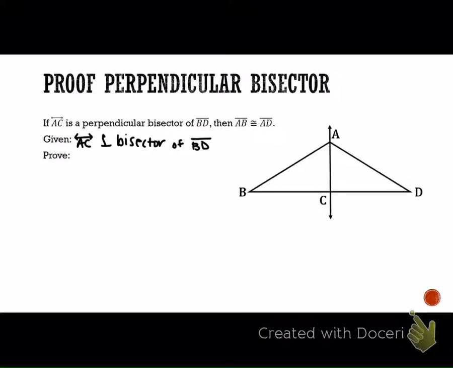Greg, what am I trying to prove? AB equals AD. AB is congruent to AD. Okay. So let's get started there.